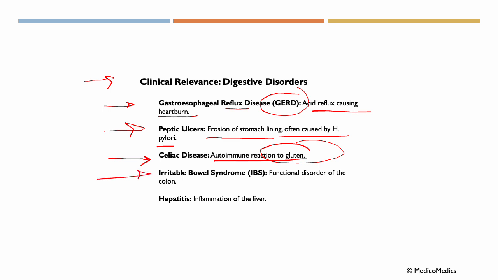We have irritable bowel syndrome, or IBS, a functional disorder of the colon. In our accessory organs, we have something like hepatitis, inflammation of the liver. Now, these are just a handful. We have a lot of them, and we will mention most of them in the course on gastroenterology and in our studies of physiology and pathophysiology.